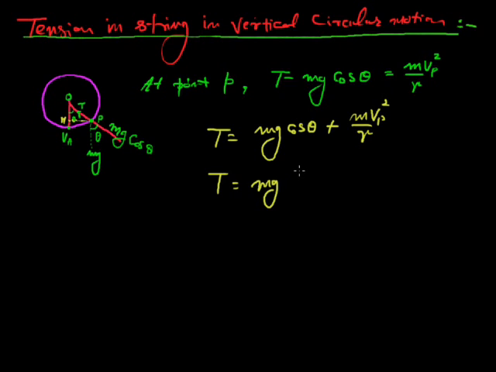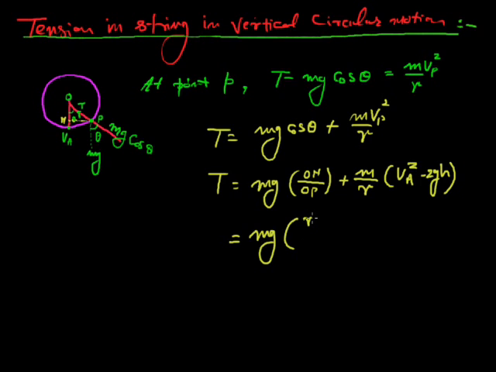It means N upon OP, plus m upon r, and Vp square is Va square minus 2gh. So it is equal to mg times (r minus h) upon r, plus m upon r times (Va square minus 2gh).